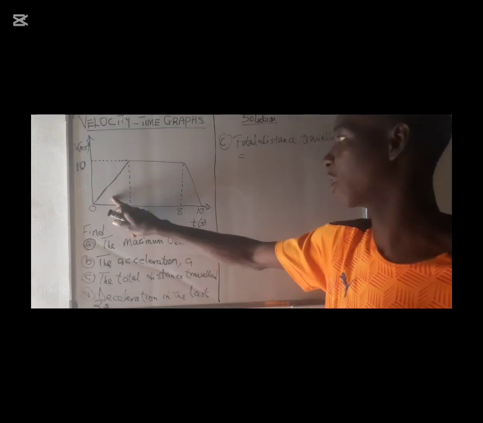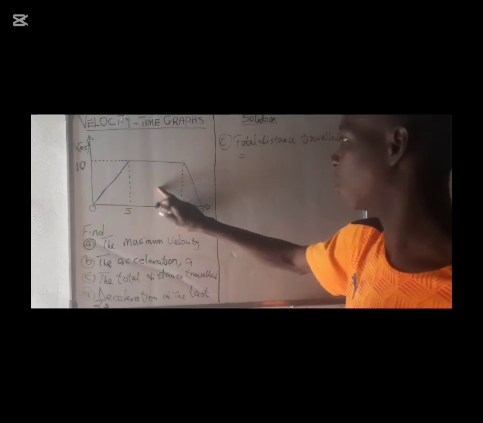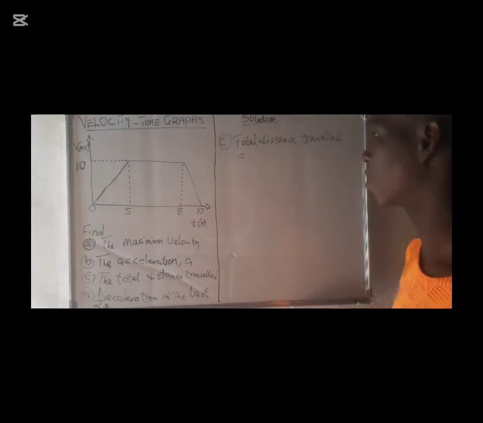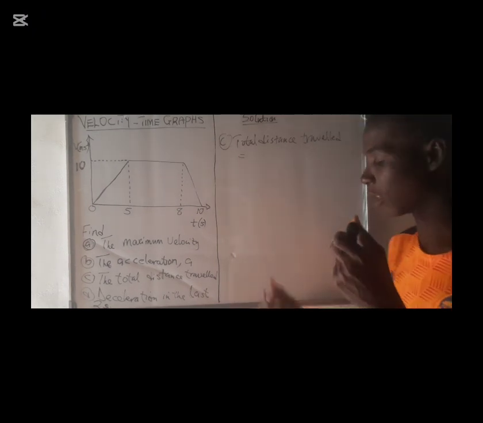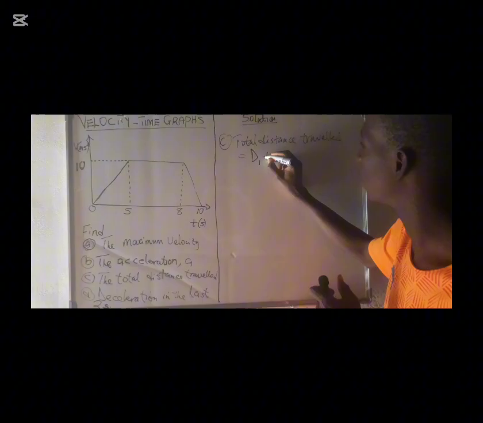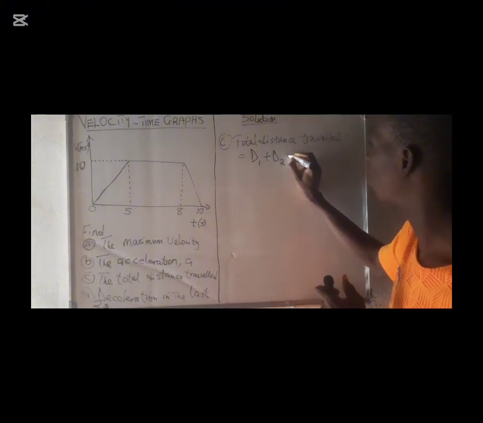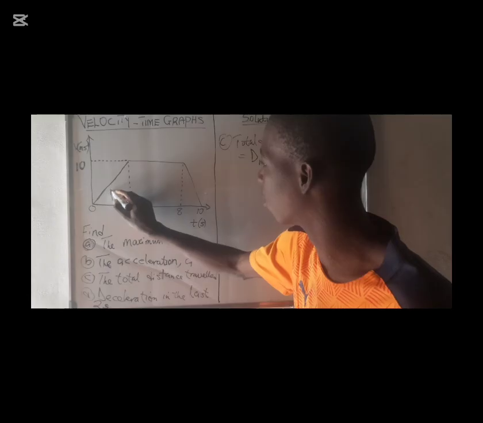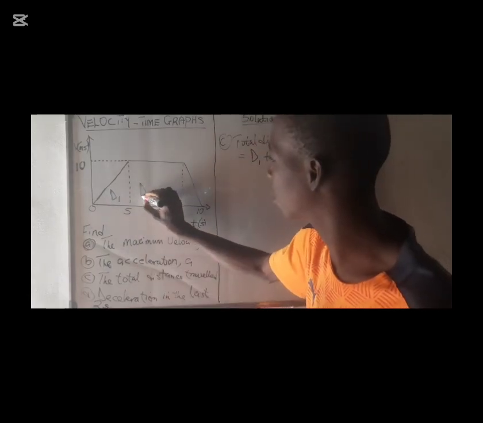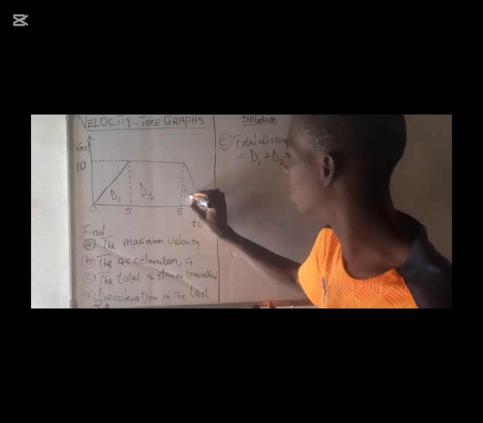You can see this one is a triangle, a rectangle, and a triangle. So to find the total distance, we say d1 plus d2 plus d3. This is our first distance traveled, this is our second, and this is our third.